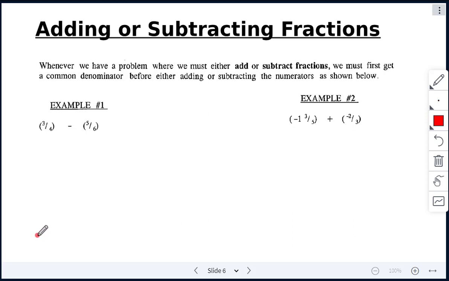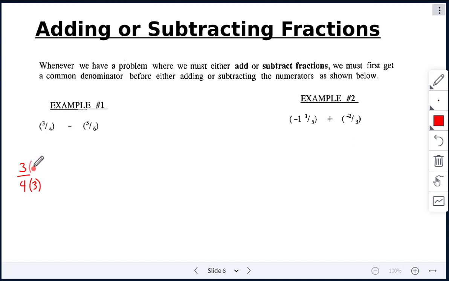Now if you go higher, that's okay. You would just have to reduce your fraction at the end. So 4 and 6, we can use 12 as our common denominator. So I'm just going to write here 3 over 4. And how do we get to 12? We have to multiply our denominator by 3 to make it 12.